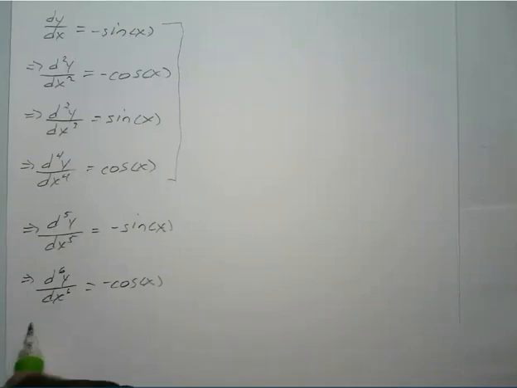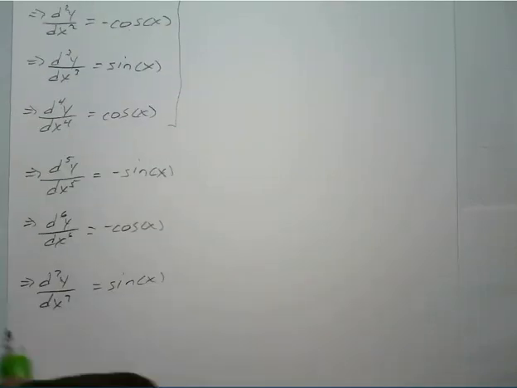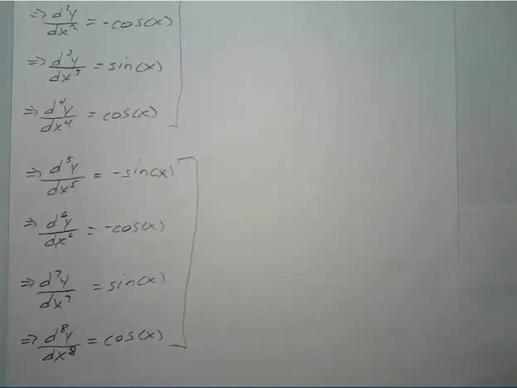Same thing with the seventh derivative. That will be sine of x. And the eighth derivative would be cosine of x. Okay, so the same pattern as the first four.